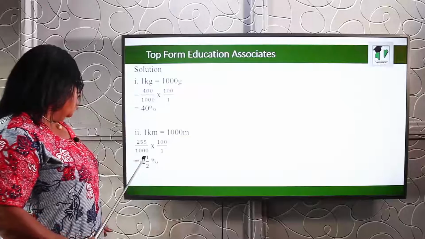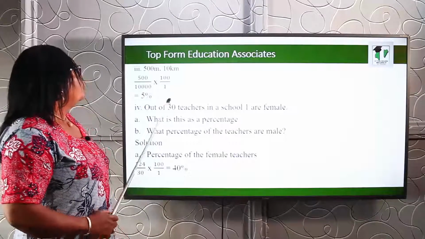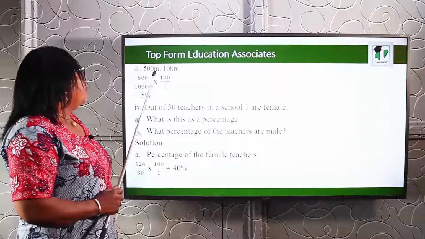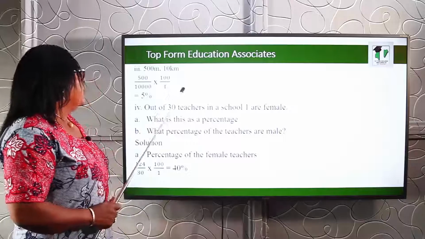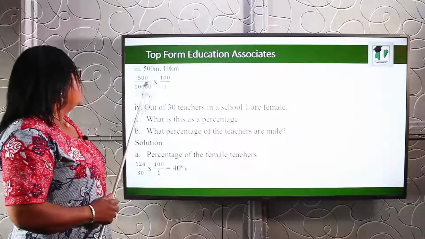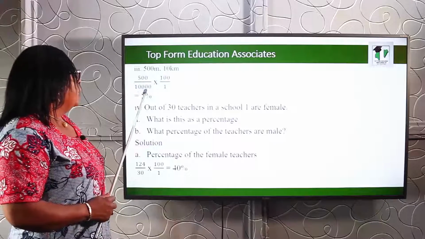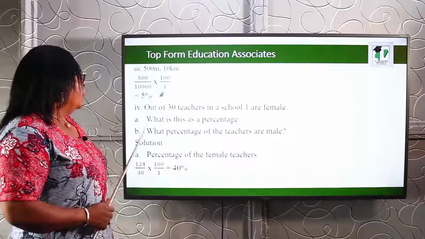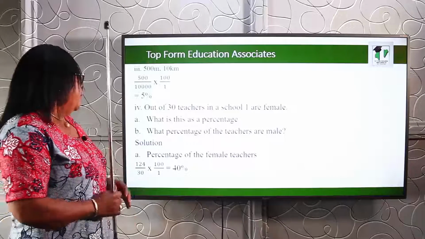Reduce to lowest term, you will have 2.5%. 3. 500 meters as a percentage of 10 kilometers. 10 kilometers will be 10,000 meters. So it's 500 over 10,000 times 100 over 1. Reduce to lowest term, you will have 5%.